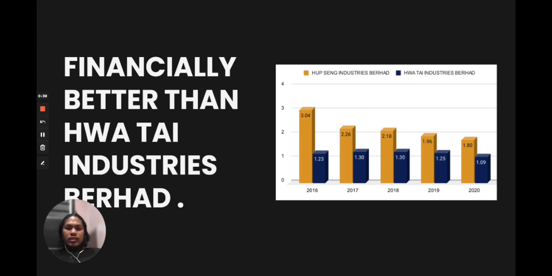Since 2016, Seng Industry Berhad has had a better ratio compared to Huatai Industry Berhad. We can see the other years too, like 2017, 2018, 2019 and 2020. Seng Industry Berhad's current ratio is bigger. Even though the ratio keeps decreasing by year, Huatai Industry Berhad always has a smaller ratio than Seng Industry Berhad.